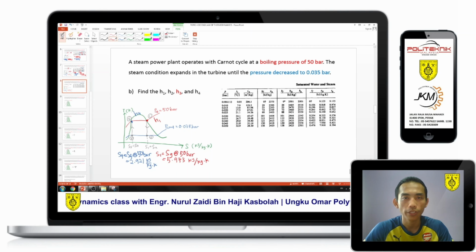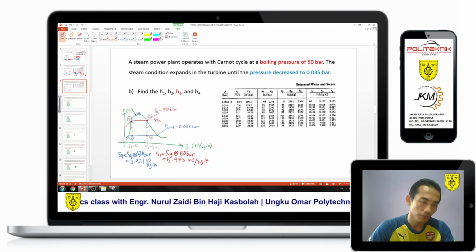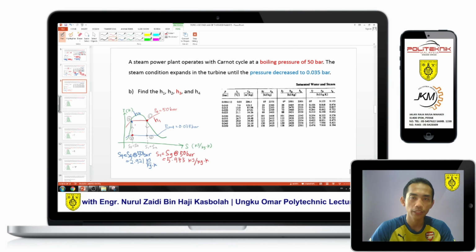Next, let's find H3, the enthalpy at point 3. First, look at the TS diagram. At point 3, the steam is in wet condition. So, we must find the dryness fraction at point 3.